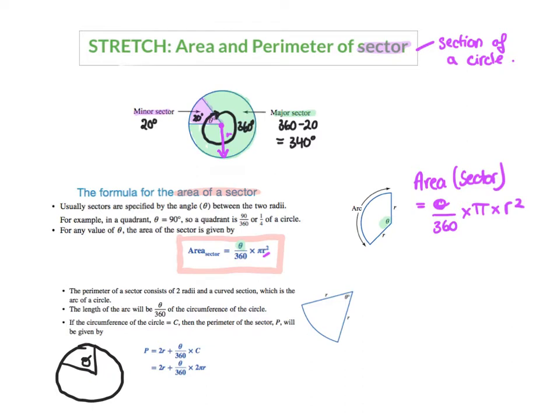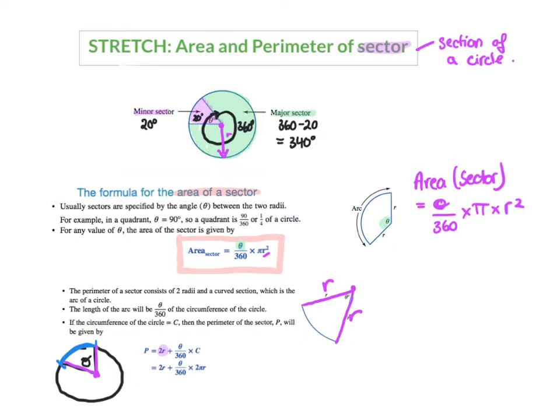We have to remember we have a little bit of the circumference, which is the length around the edge of a circle. But then we also have these two bits here that edge it off. They become the radius because they're going from the center of the circle out to the edge. So we've got two of them, and you can see that is written in the formula for the perimeter.